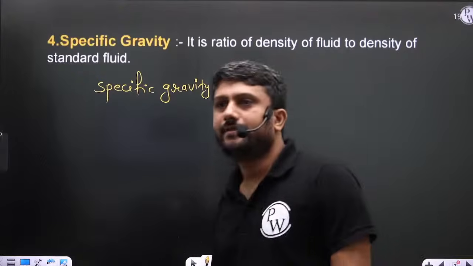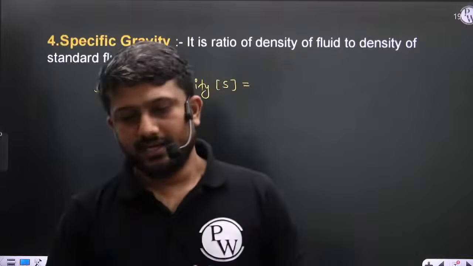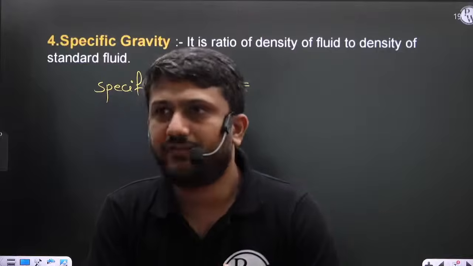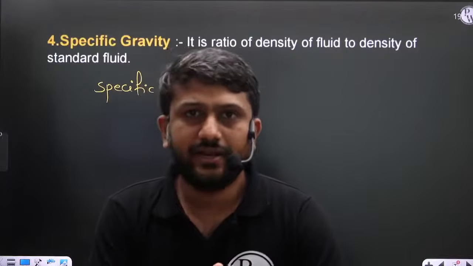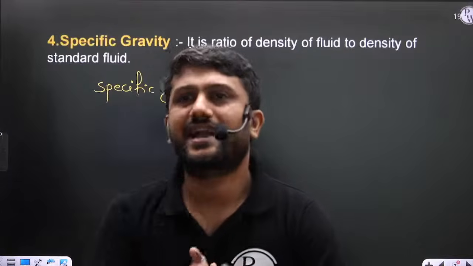Specific gravity is defined as the ratio of density of one fluid to the density of a standard fluid. That is, the density of the unknown fluid to the density of the standard fluid.